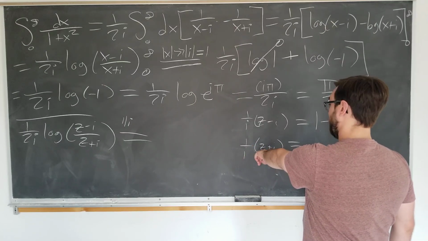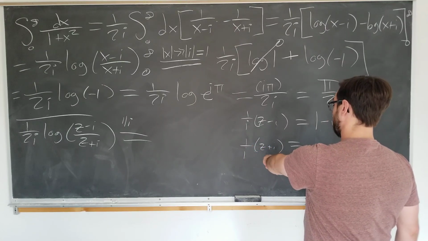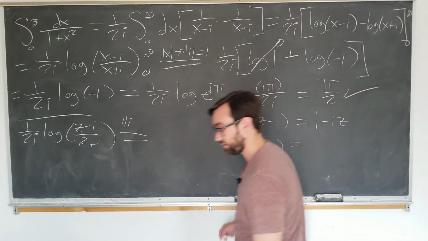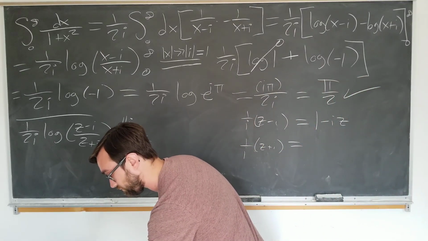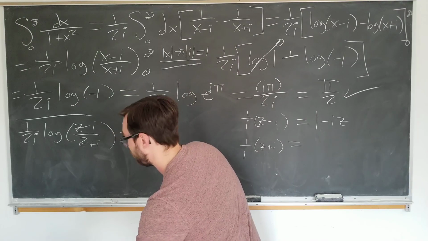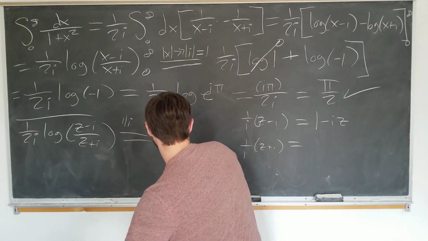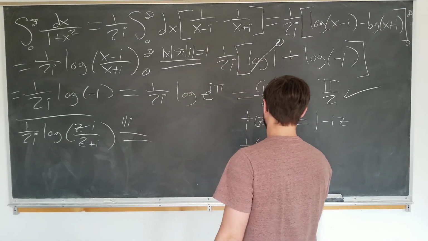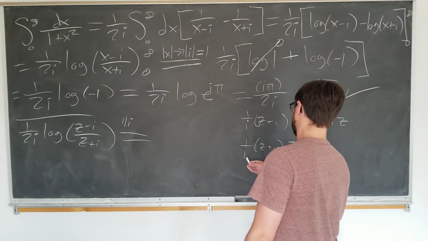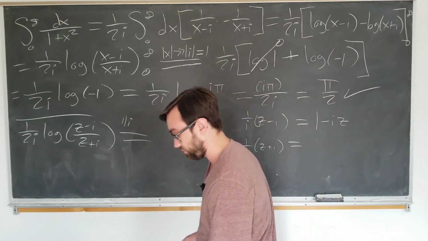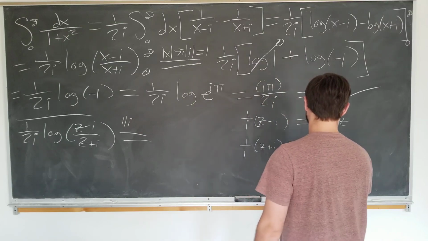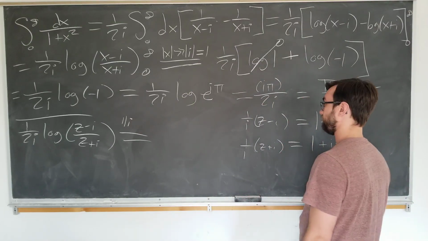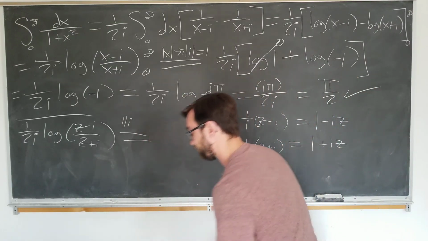Okay. The bottom one here should be the same. Z minus i, z plus i. 1 over i. Times minus i. Yeah, this should be correct here.